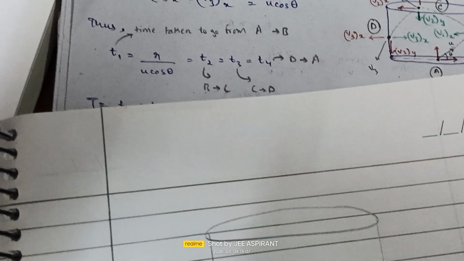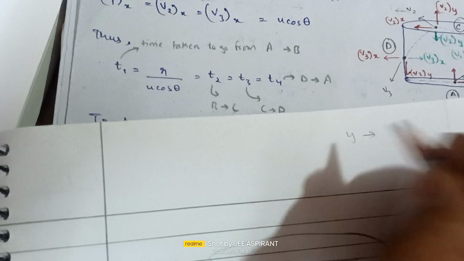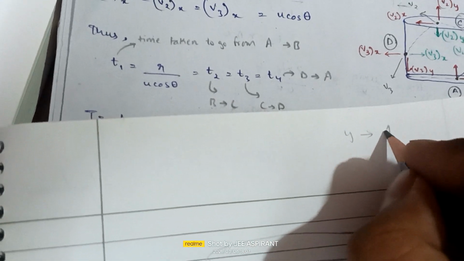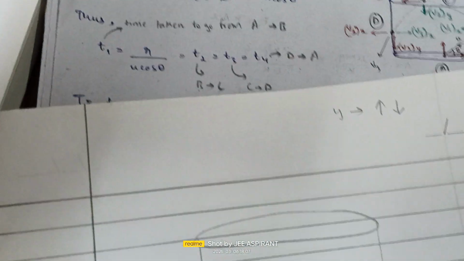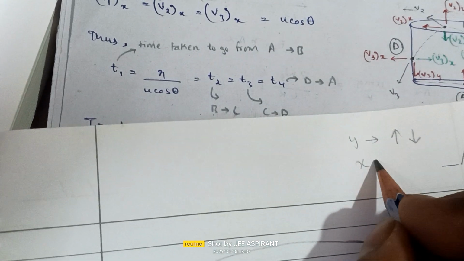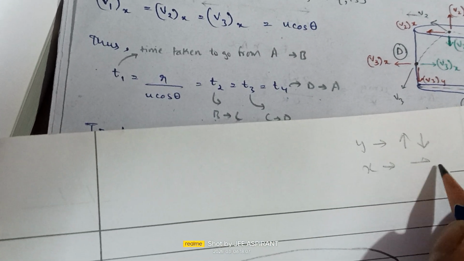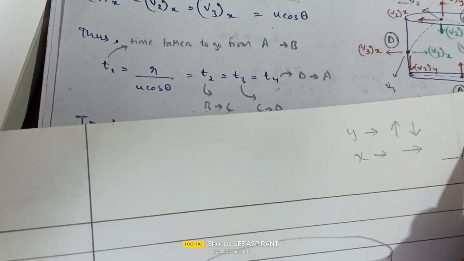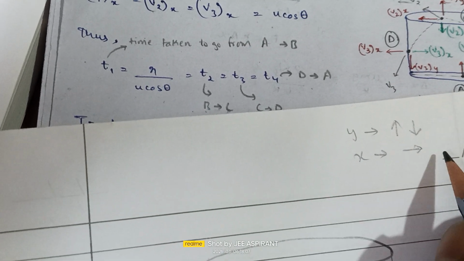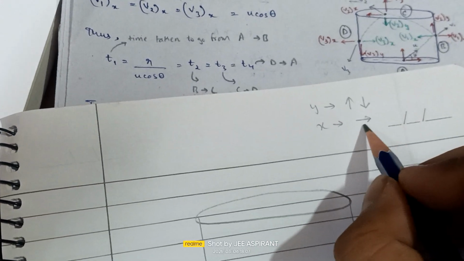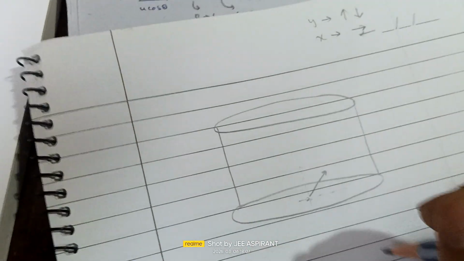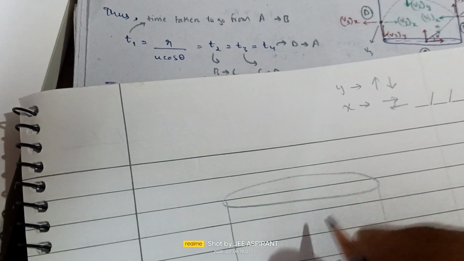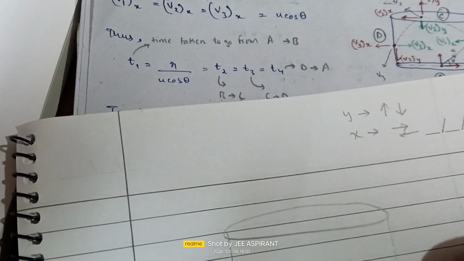As we know, this y component is only responsible for the upward or downward motion, and the x component is responsible for the forward or backward motion. So as the y component is upward, it will move upward.